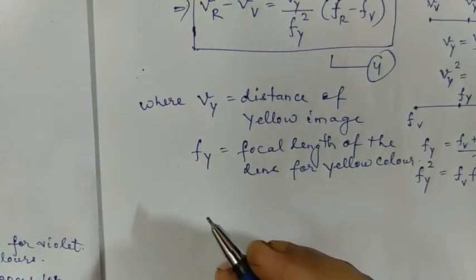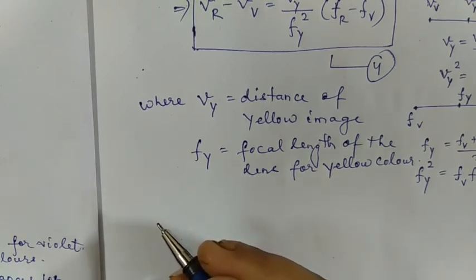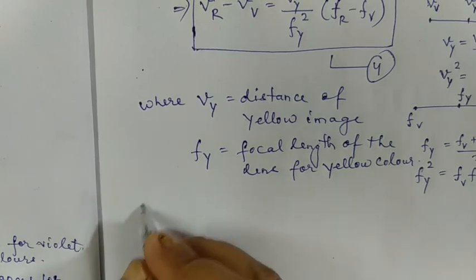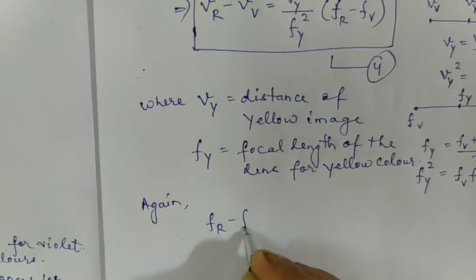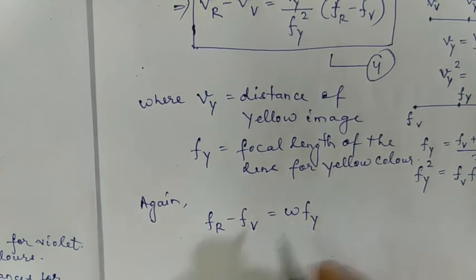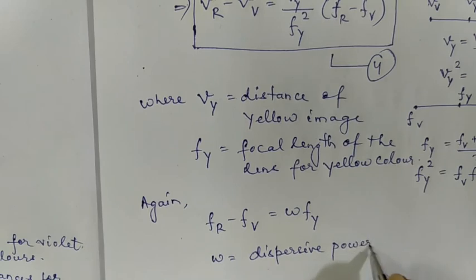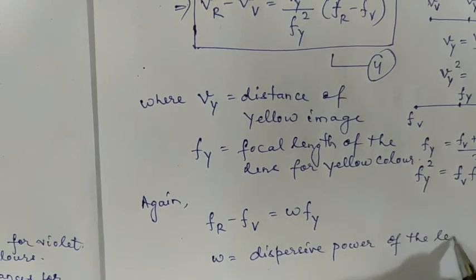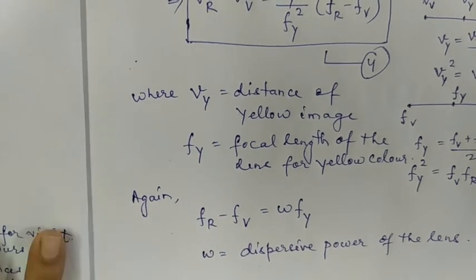Again, in the previous video I have calculated the longitudinal chromatic aberration for an object at finite distance, and we got a relation as Fr minus Fv is equals to omega into Fy, where omega is the dispersive power of the lens, and these terms are already explained in the above expressions.